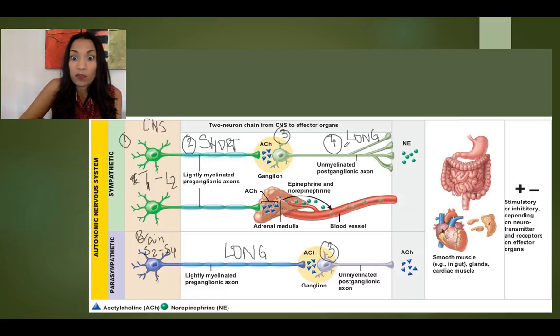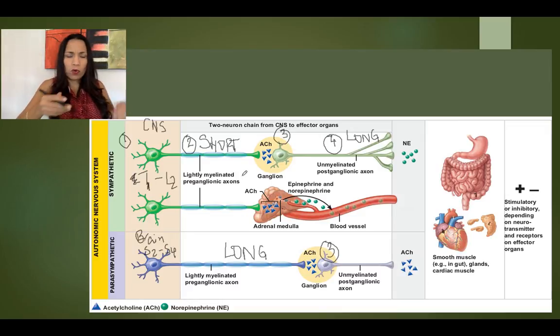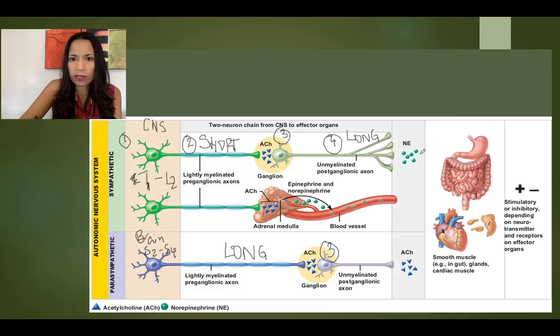They are really long because they need to reach the target organ. These ganglia are located close to the spinal cord, so there is a good distance between the ganglia and the target organ. So postganglionic fibers are really long, and they release norepinephrine.